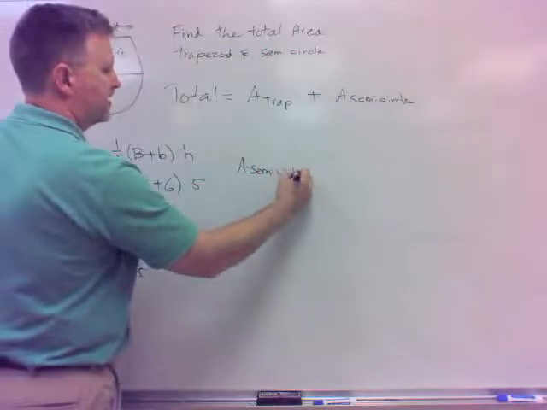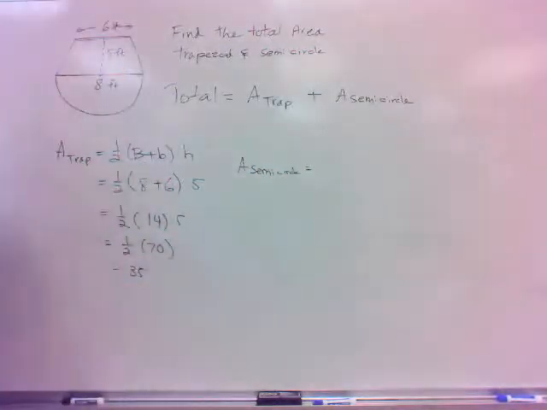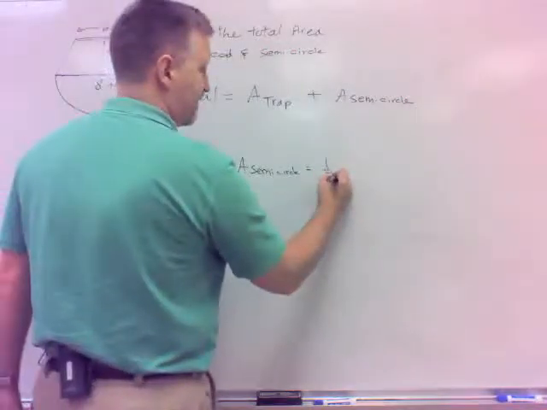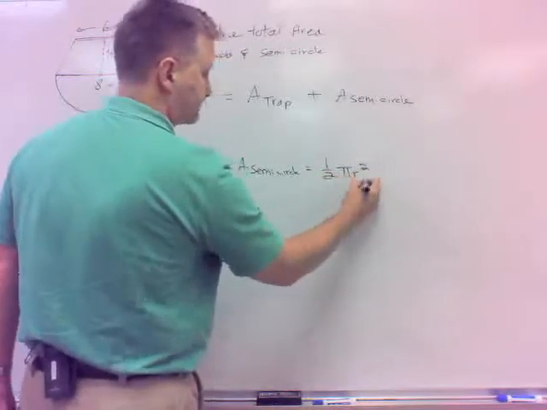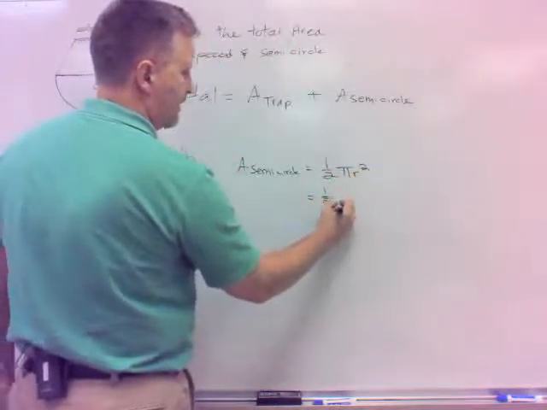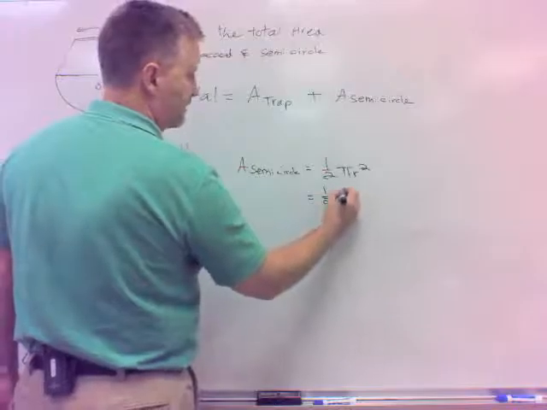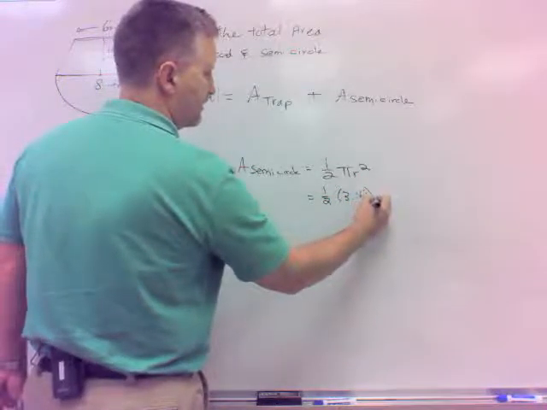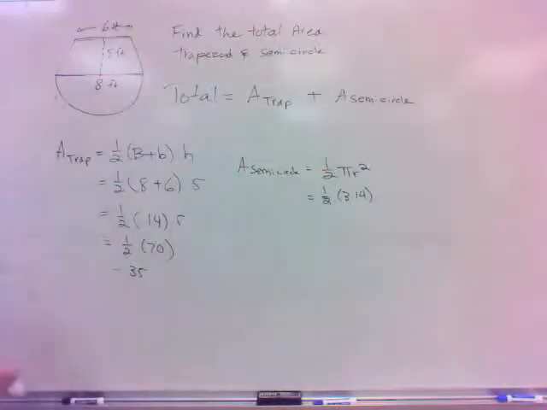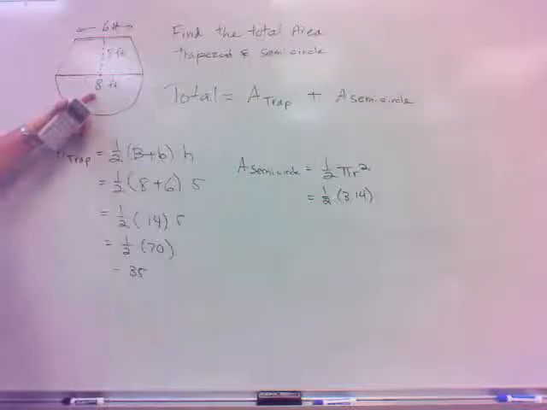Now, let's talk the semicircle. The circle is pi r squared, but what if it's a semicircle? Well, it's only half the circle, isn't it? So the area would be half of pi r squared. So that's going to be 1/2 times pi, 3.14 let's use, times the radius squared. What's the radius of this circle? 8?